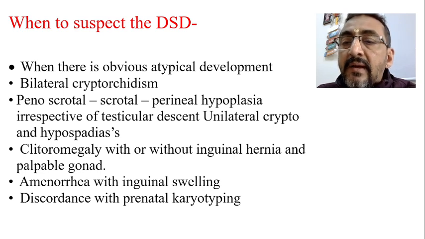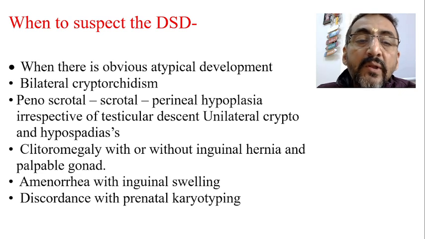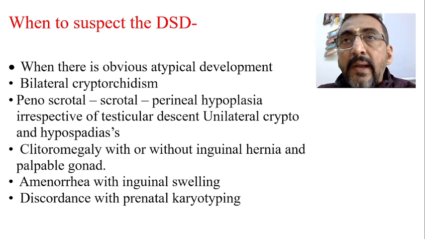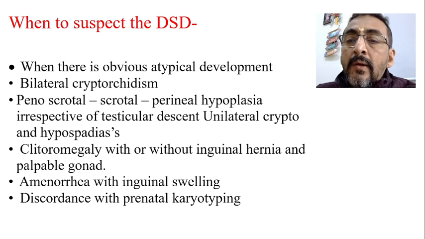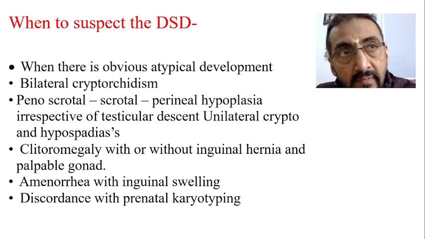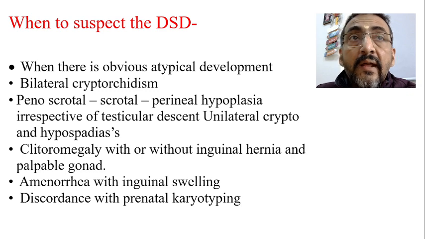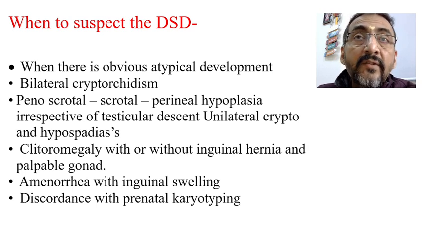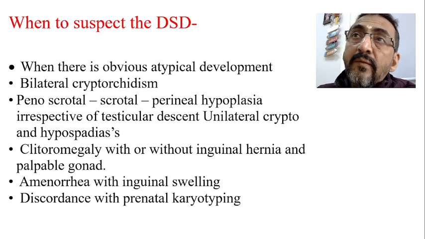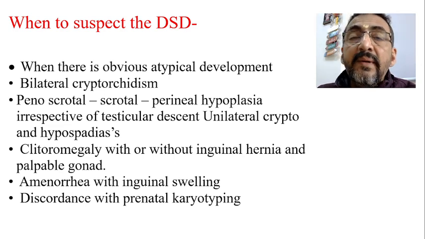Another important one is clitoromegaly, with or without inguinal hernia and palpable gonads. If we are talking about a female child and the clitoromegaly is too big, with or without gonads, with or without inguinal hernia, this is also atypical development.